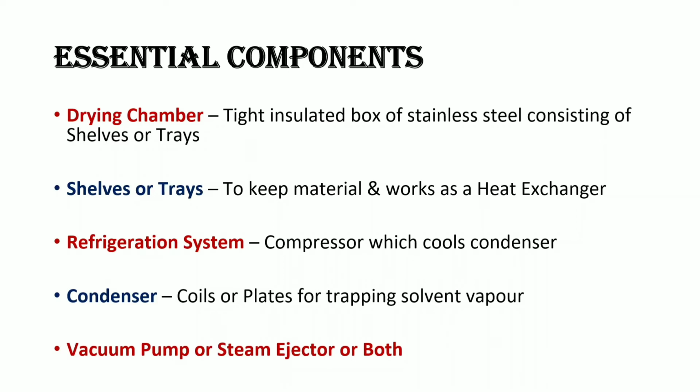Then the next component is a refrigeration system, which is going to cool down or convert our solvent into ice. Then next is a condenser. A condenser is a coil or plates for trapping the solvent vapor. And the last one is a vacuum pump or steam ejector, or we can use both the vacuum pump and steam ejector in the freeze dryer. So these are some of the essential components.